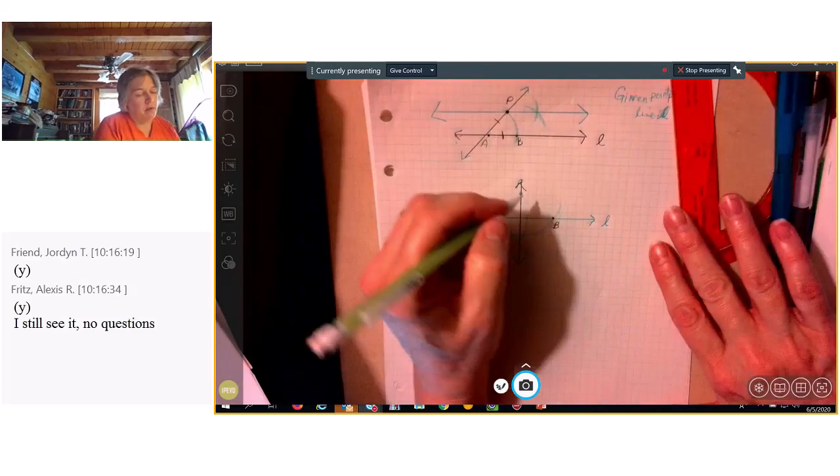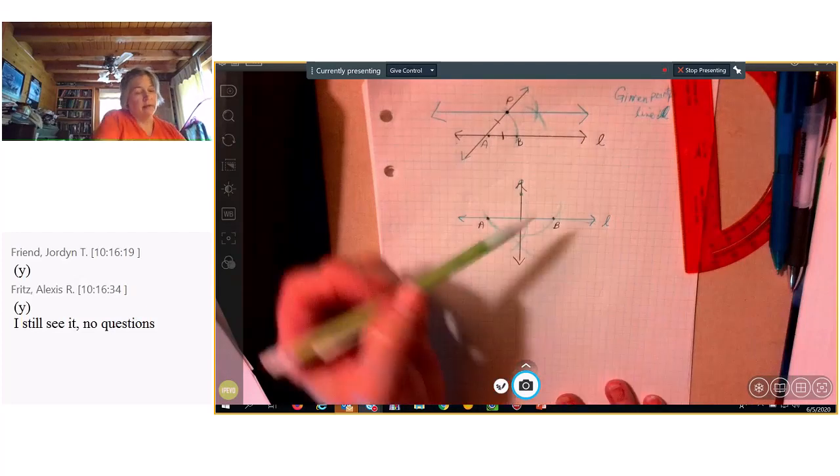So this is when we have a parallel line and a point given that's off the line.